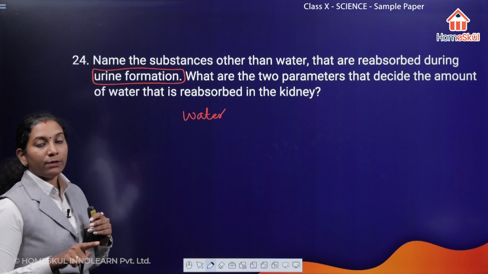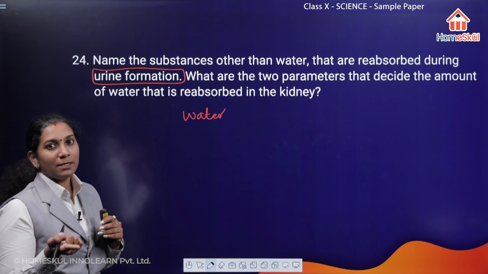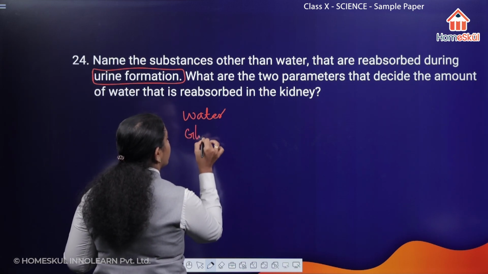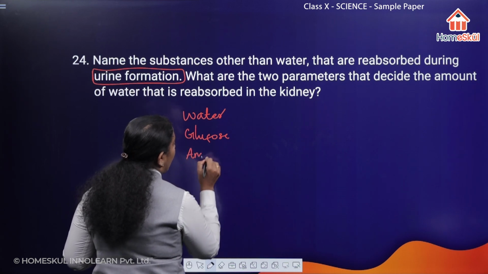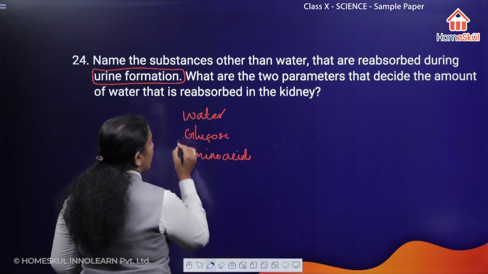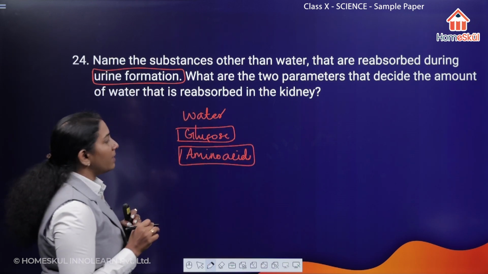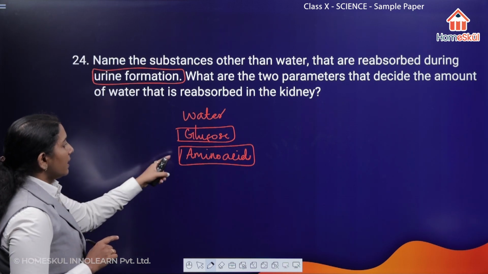Along with the water content, what are the other essential elements that are reabsorbed? Yes, that is glucose, right? Glucose and amino acids. These are the essential elements that are reabsorbed during the formation of urine.